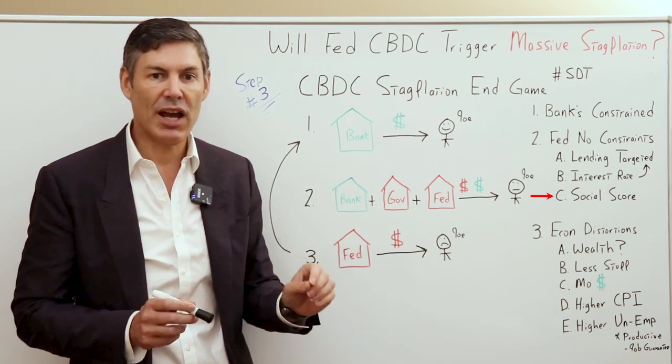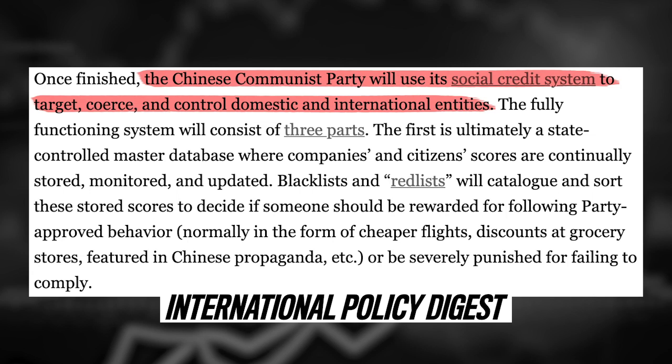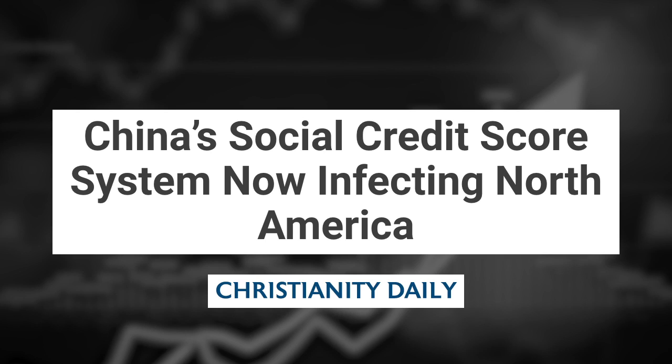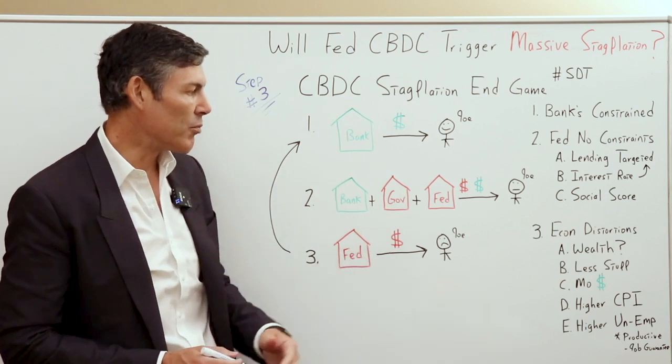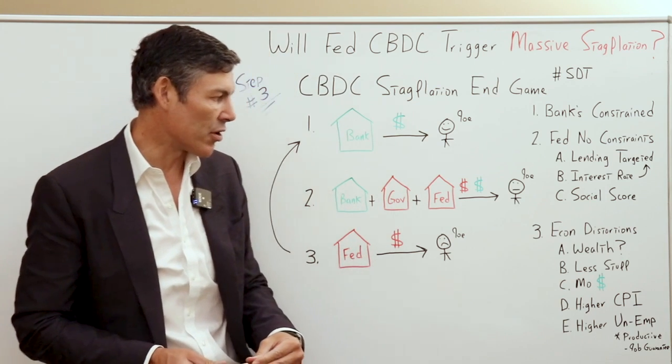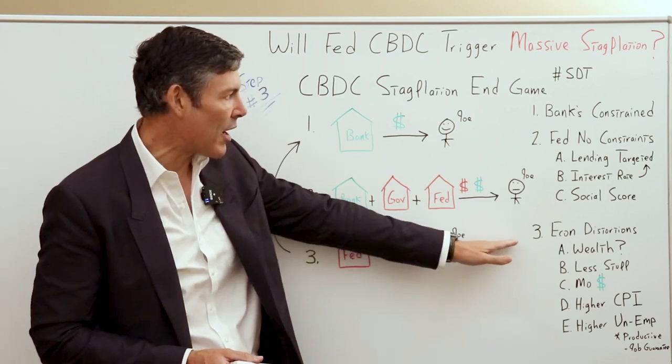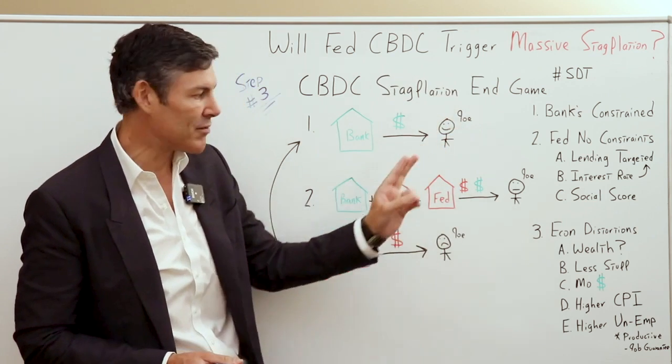And we see the Chinese going down this path, and I think there's a decent probability that the United States will go there as well in the next 5, 10, 15 years, especially if we move to this central bank digital currency.